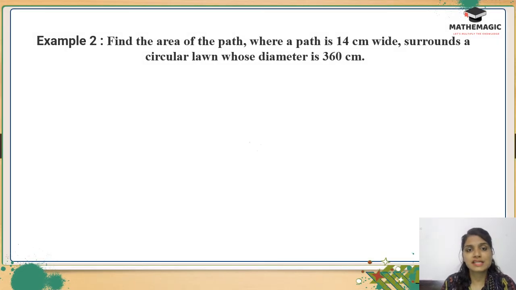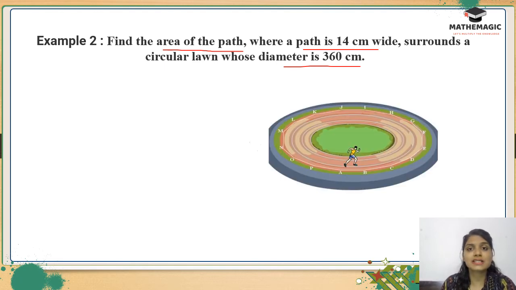Now let us see this example where we need to find the area of the path. Here it is given that the path is 14 centimeter wide and it surrounds a circular lawn whose diameter is 360 centimeter. So let's see the picture of it. Now what we need to find here is the inner circle radius and the outer circle radius.